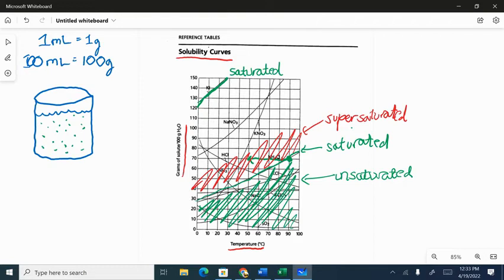I can't even touch that solution, because if I even touch it with my finger or drop one more crystal of solid in there, a lot of solid will fall out of solution as a precipitate. So precipitate is solid salt that falls out of solution because somebody disturbed a supersaturated solution.